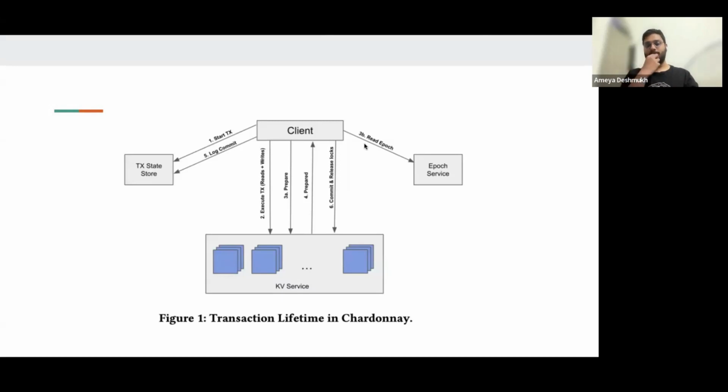So you read the epoch number, and after reading the epoch number, you get a prepared message back from the key value service. After that, you log the commit, which includes the epoch value. And after that, you commit the transaction and release all the locks so that transaction execution is finally done.